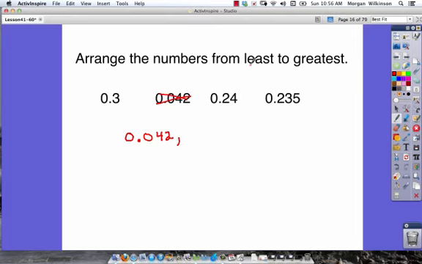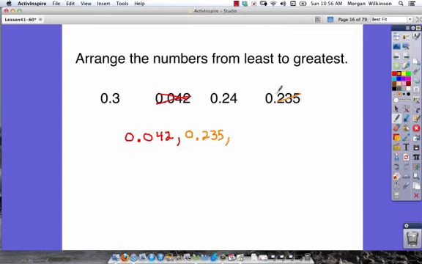We can cross this one out because we've already figured out where it belongs. It goes first because it's the least. Next, we want to figure out the second smallest number. So we've got a 3 in the tenths, a 2 in the tenths, and a 2 in the tenths. Well, those 2s are equal, so let's look at our next place. In the hundredths, we've got a 4, and we've got a 3. Well, 3 is smaller than 4, so our next smallest number must be 0.235.